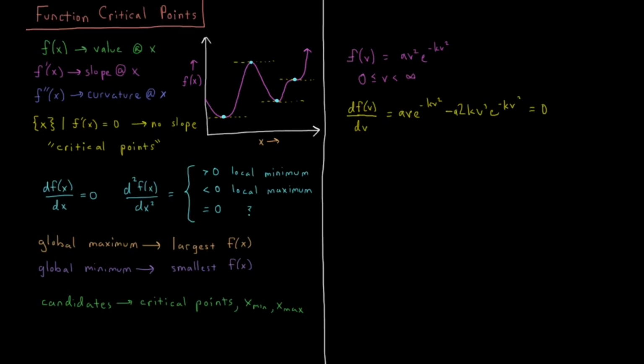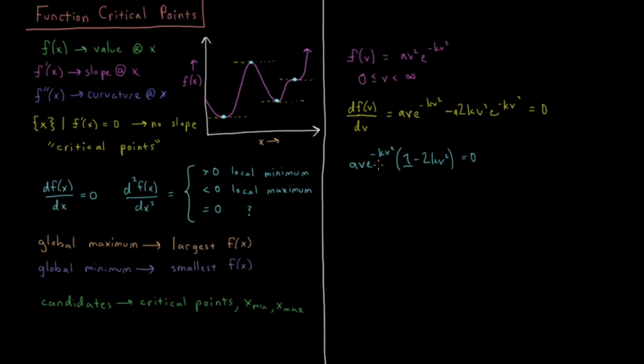So we're going to have av e to the minus kv squared factored out from both terms, times 1 minus 2kv squared equals 0.